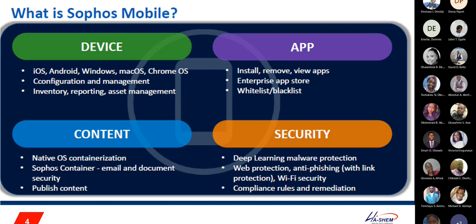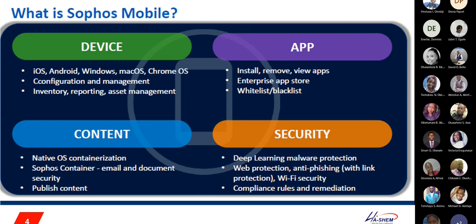Sophos Mobile also allows you to create a secure container for devices, which allows you access to only business-sensitive emails and documents inside a secured container on a device. The container can be managed, which allows users to use their personal device to also access business data.